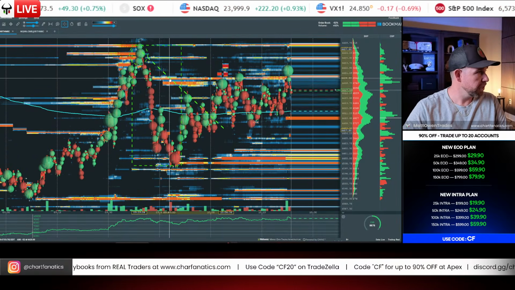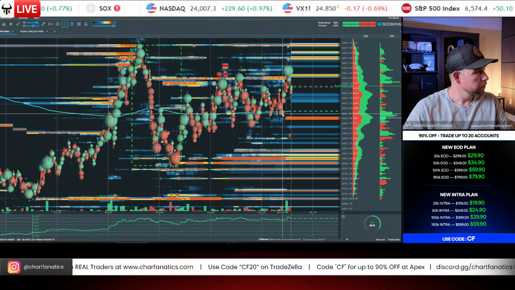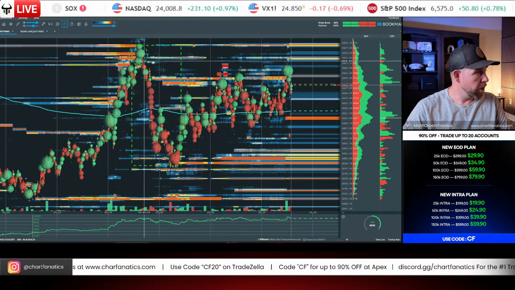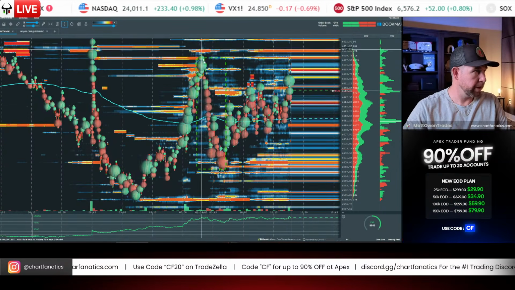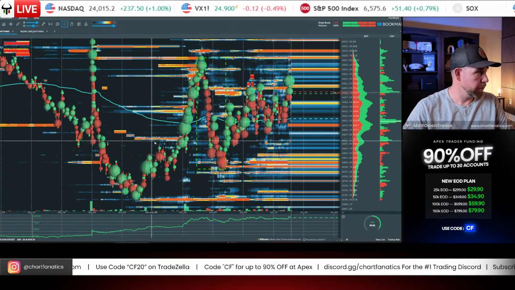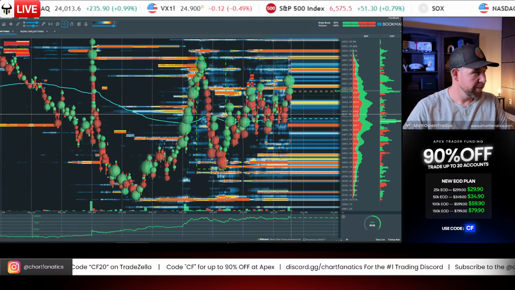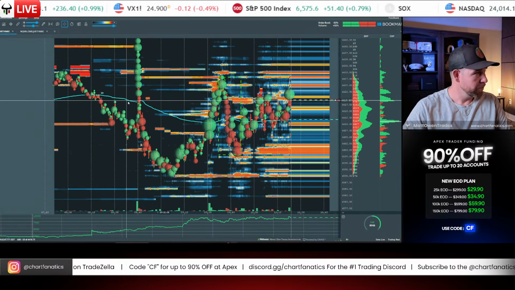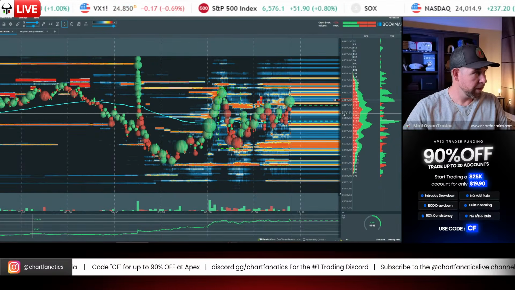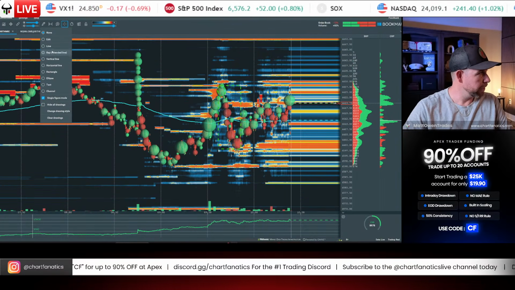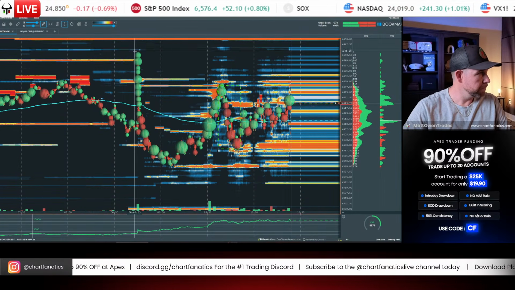Don't need this line anymore. So overall, that's kind of the picture, right? We had that one price swing there, which, zooming out even more, was just right in the middle of that earlier price swing from that news pop.